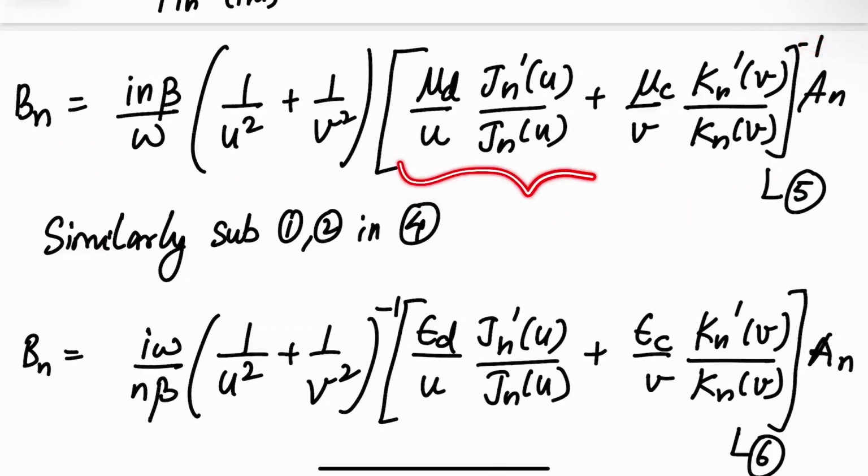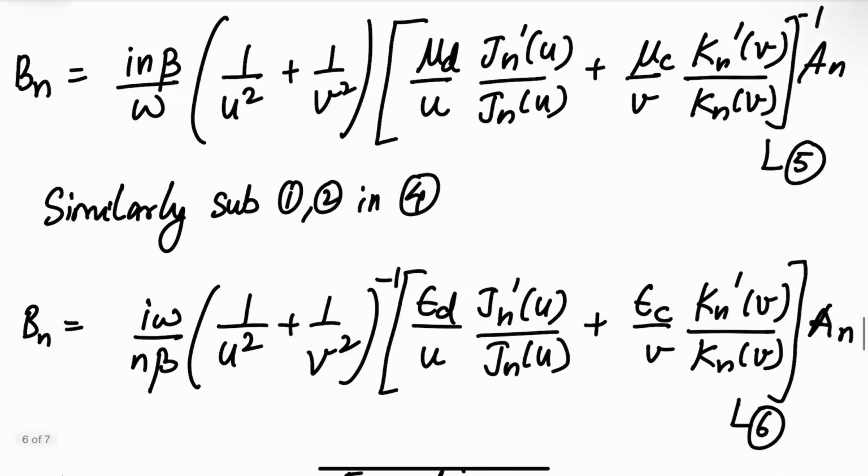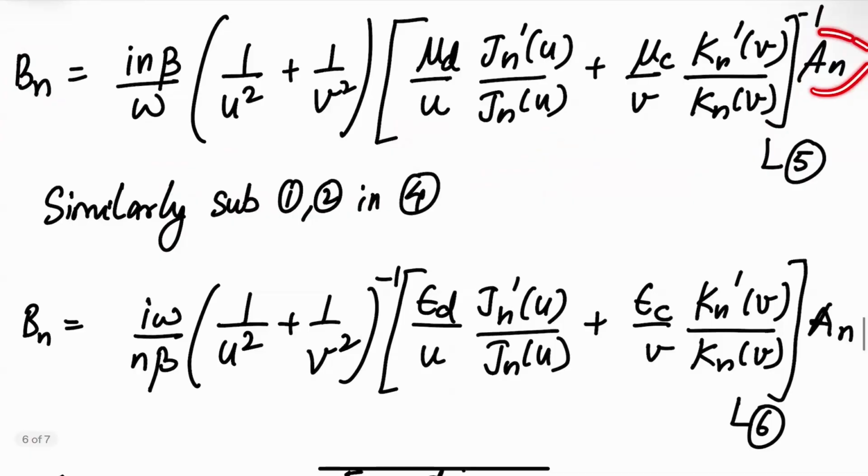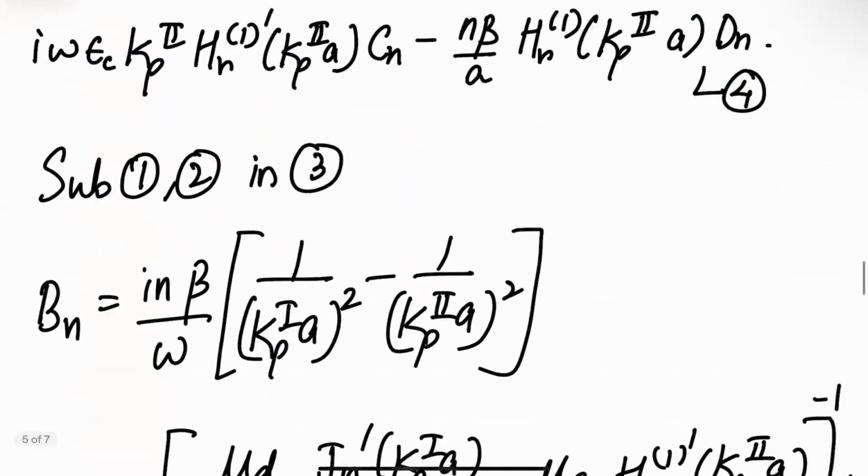And if this quantity becomes 0, it goes on the left-hand side, then that means an must be 0, or a0 must be 0. Another way to say that is that if you want this to be finite, and this goes to 0, then this also must go to 0. So essentially, it's the same as putting an equal to 0, or it enforces the condition that an must be 0 as well.